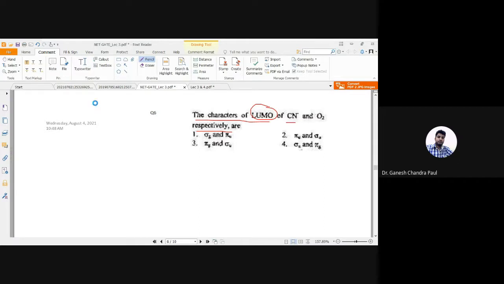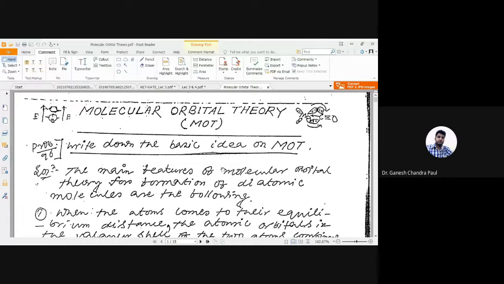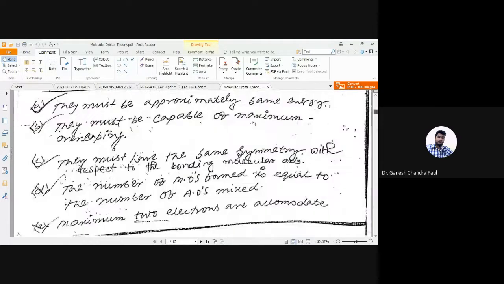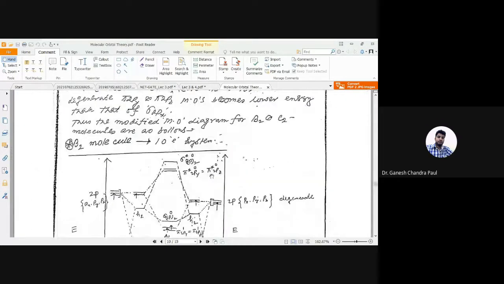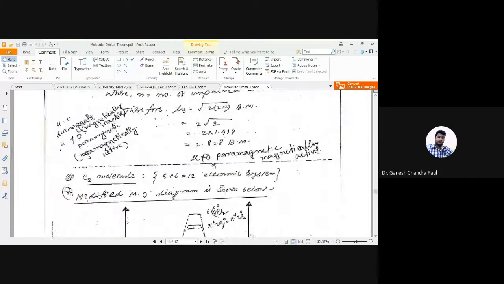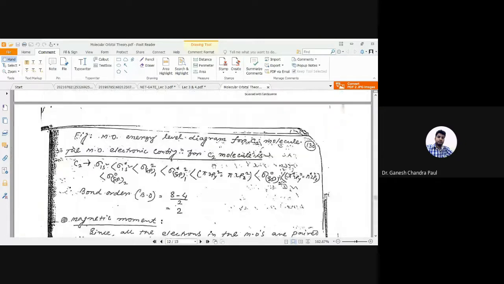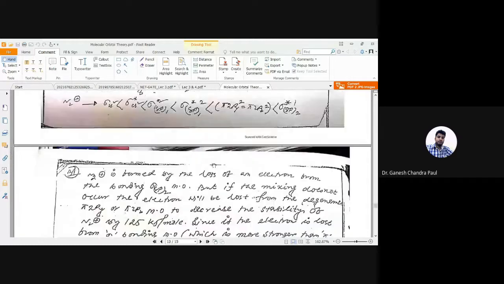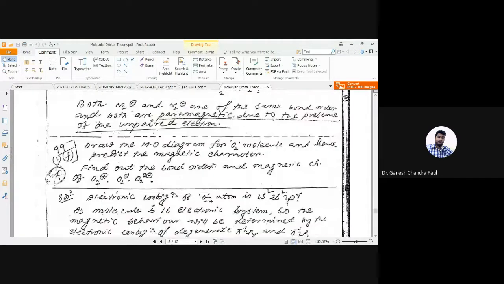Now, if you look at the molecular orbital of dioxygen in this particular study material, first look at the MO of dioxygen. That will be better.